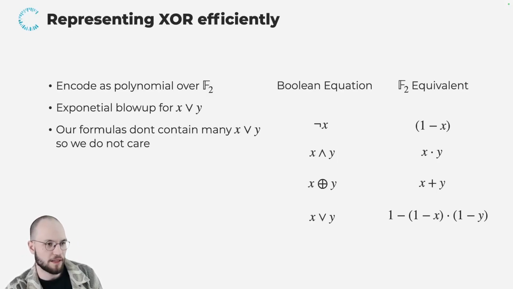So every Boolean equation that we had before has a nice-ish representation as a polynomial. The problem is now, how do we solve that?